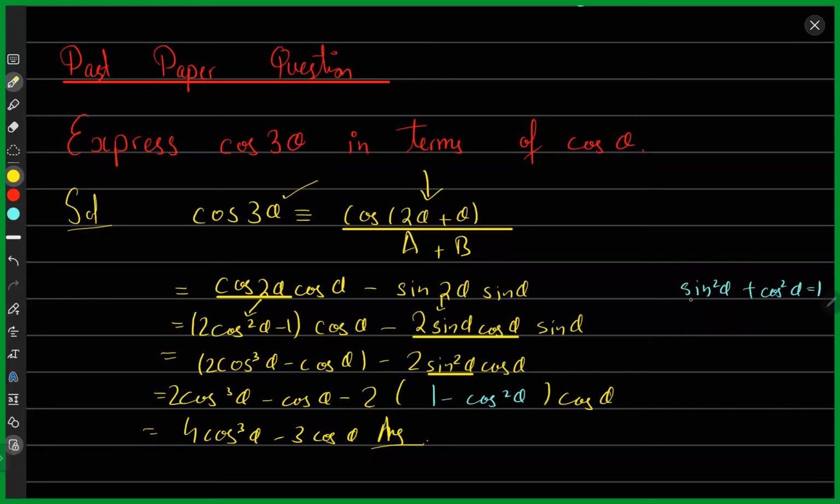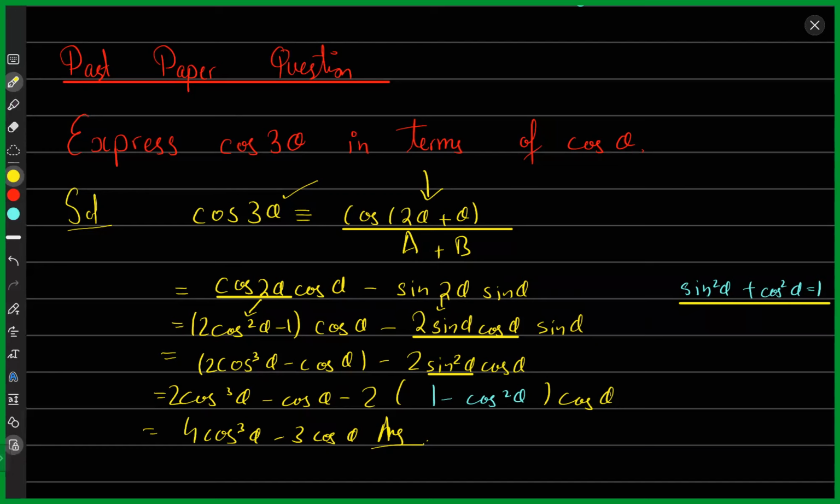And then I've used this basic trigonometric identity, and after using everything and simplifying, I was able to write down cos 3 theta as 4 cos cube theta minus 3 cos theta.